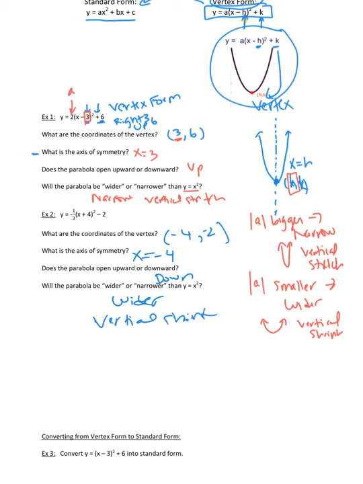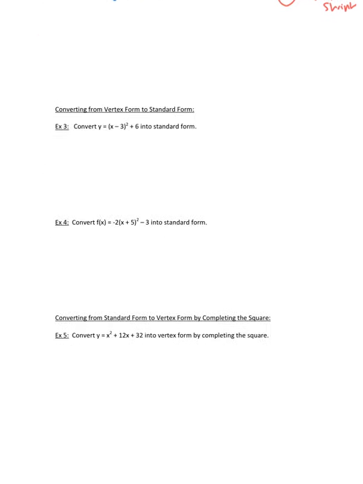So you'll have a couple of problems like this on your homework. Next thing you need to know is how to convert from one form to another. Converting from vertex form to standard form, in example 3, is the easiest. This is the one where you're given vertex form, and all you have to do is multiply using FOIL and simplify.